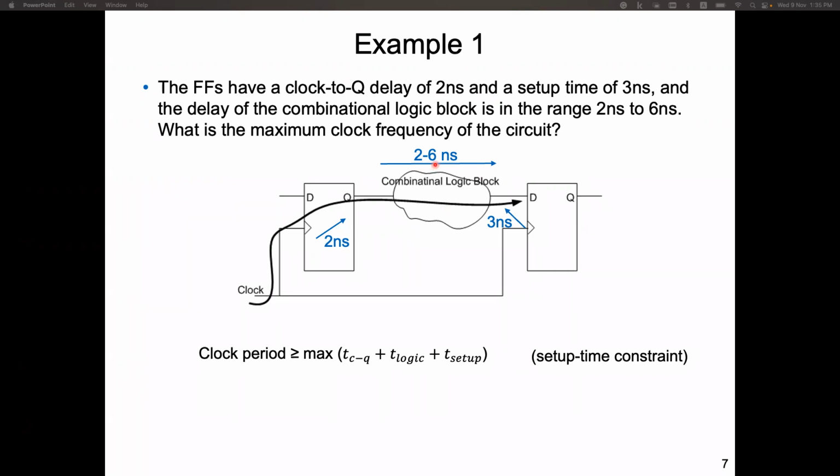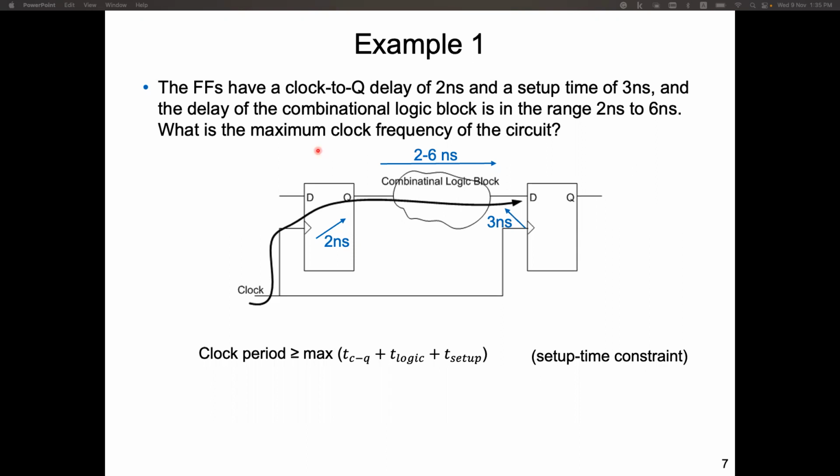So that's the delay of the combinational logic. Now the question is, what is the maximum clock frequency of this circuit such that it can operate properly?